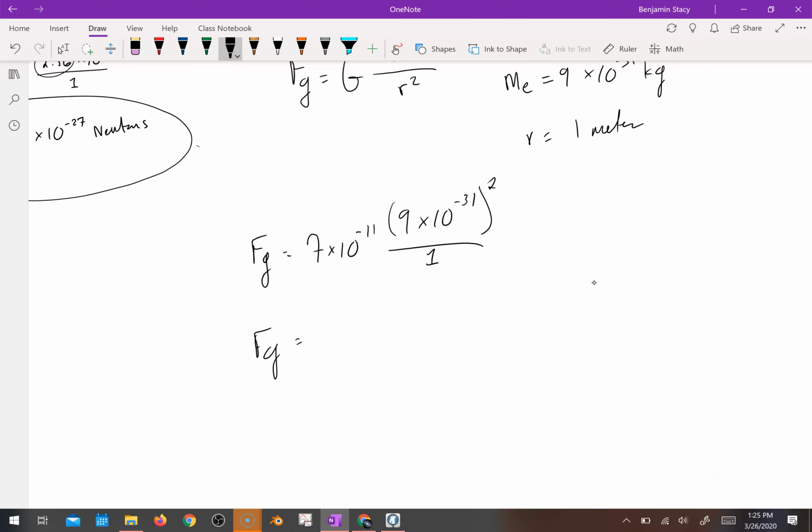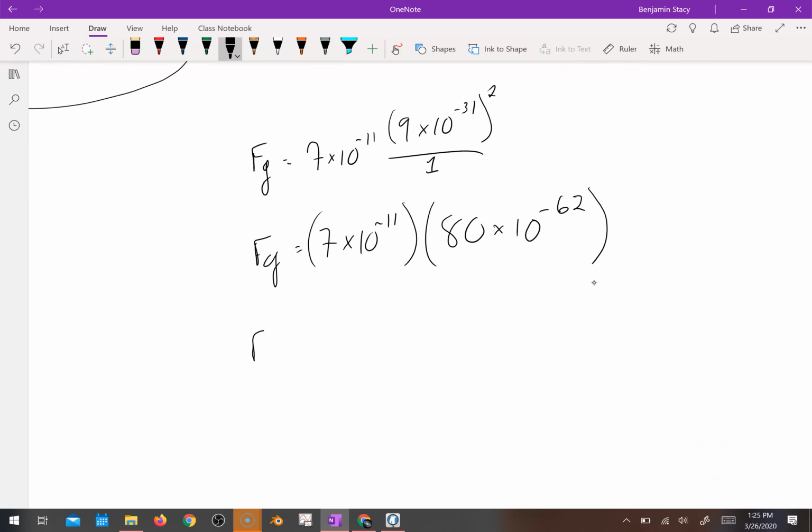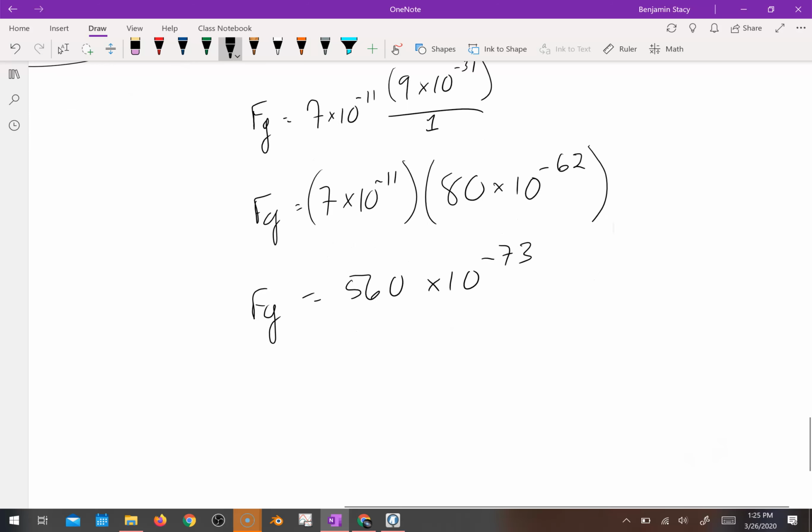So for Fg, I have to deal with my numerator there first. I have 9 squared, which is 81. Let's call it 80. And then I have 80 times 10 to the minus 62. 7 times 8 is 56, so this is 560 times 10 to the minus 73.